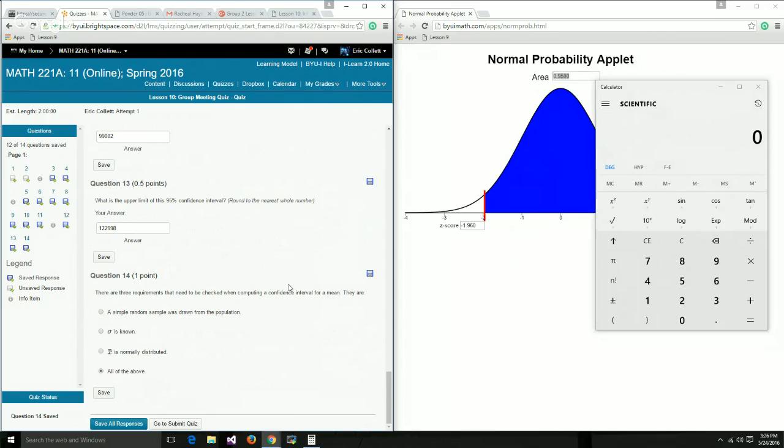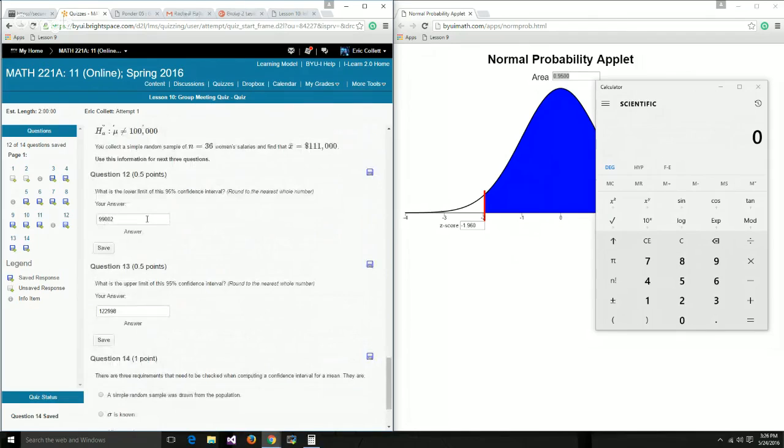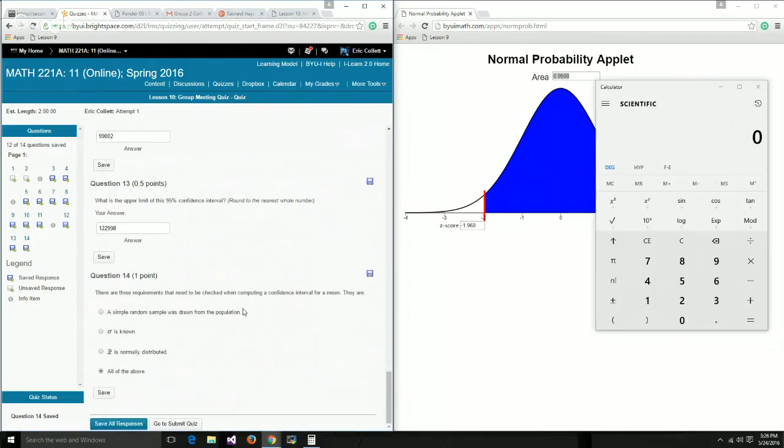So wait, Rachel's asking a question. What did you get for 12 and 13? I'll put these in really quick. I am typing in the wrong computer.